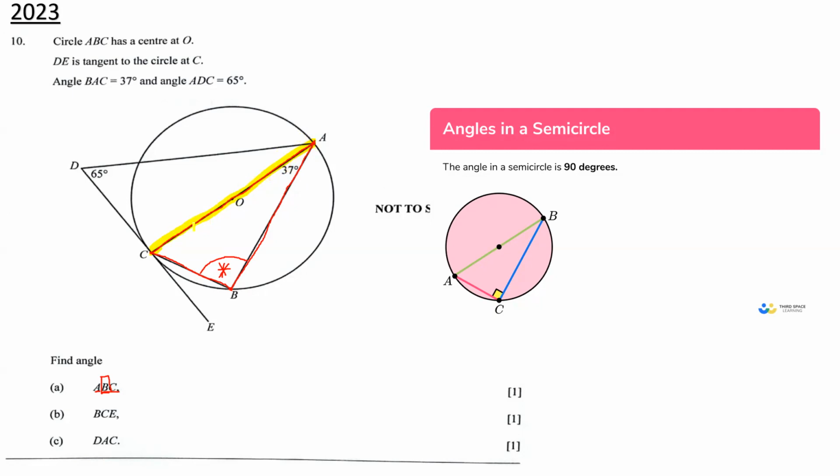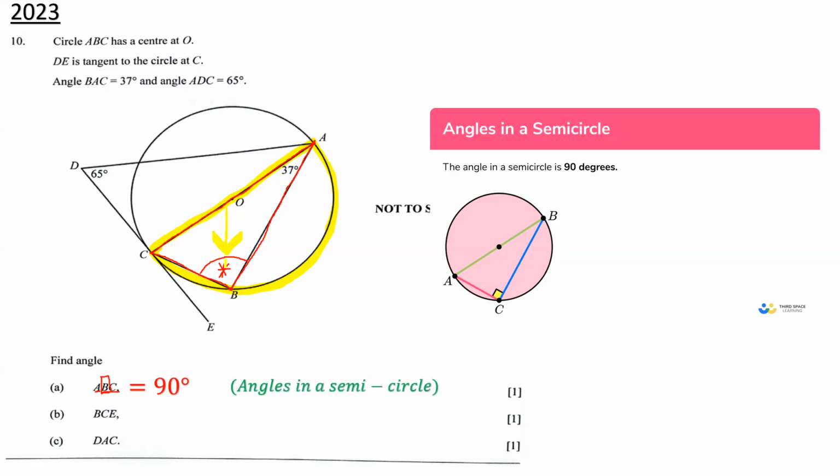That means this line divides the circle into two even portions, so this part right there is a semicircle. If that's a semicircle, then this angle right here is 90 degrees, based on the theorem which says that the angle in a semicircle is 90 degrees.